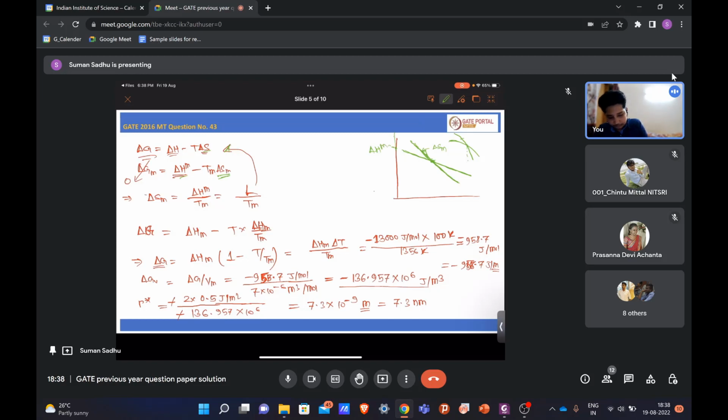Because if you make T 0, you will get delta G equal to delta H at T equal to 0, where this is the delta G axis and this is T. That means the intercept is delta H. As it is a straight line, this intercept will also be the same. So that's why it is assumed there is a very minute change in the enthalpy, and almost the same. That's why we have put this value in this equation. So this is the reason.